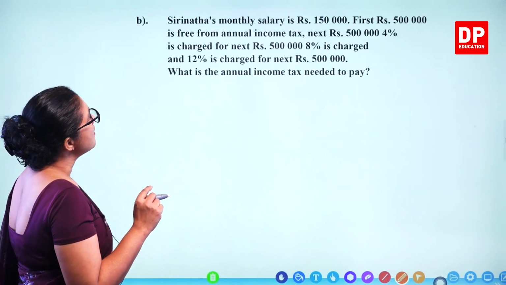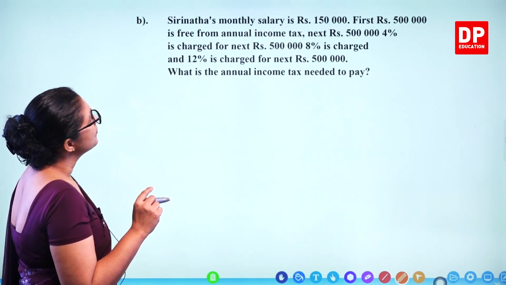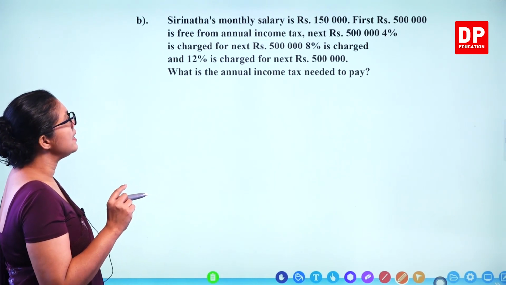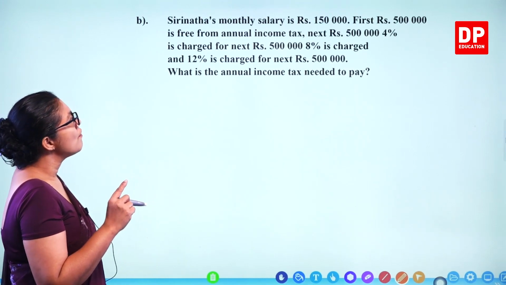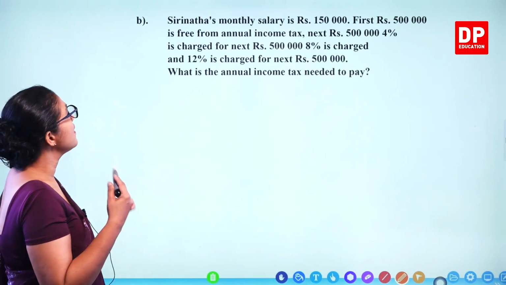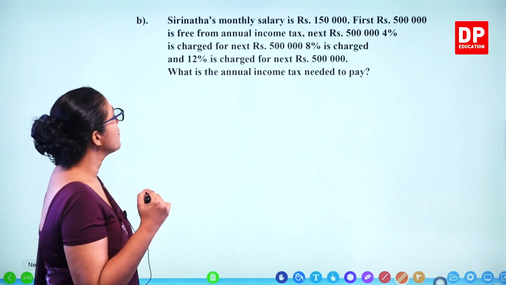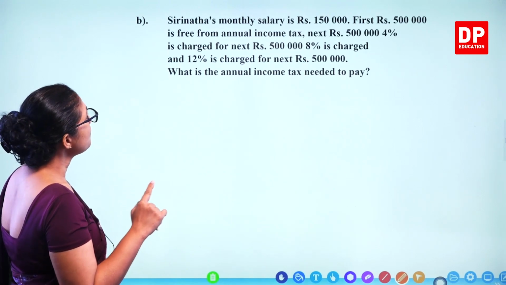Sirinatha's monthly salary is 150,000 rupees. The first 500,000 is free from annual income tax. On the next 500,000, 4% is charged. For the next one, 8%, and on the next 500,000 rupees, 12% is charged. What is the annual income tax needed to pay?